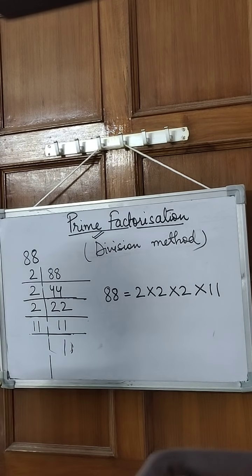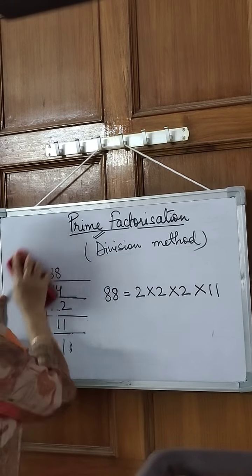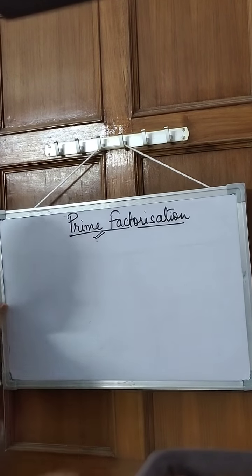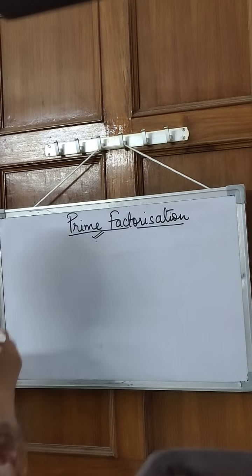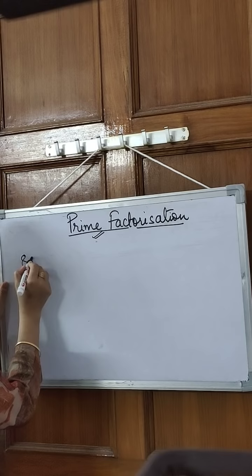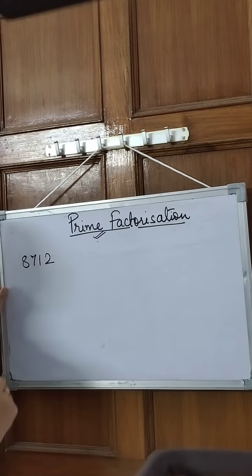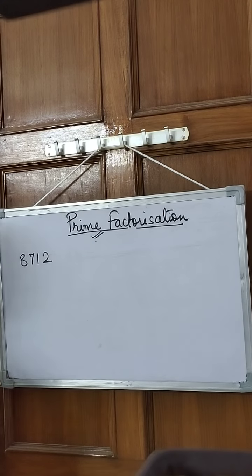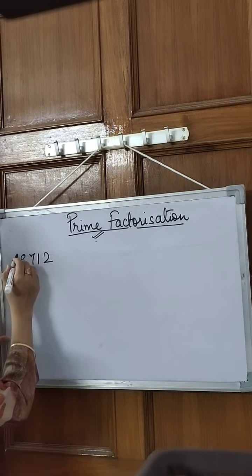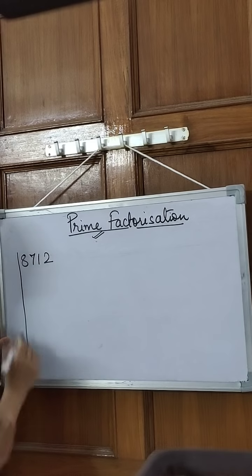Let's take one more number, 8712. Now let's prime factorize this number with the help of the same method, the division method. Again we'll do the same thing.